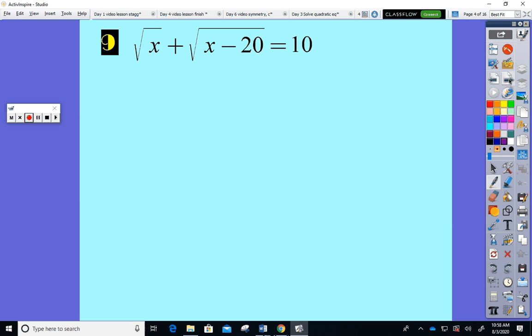So what do you do to both sides of an equation to undo a square root? Square it. But guys, you don't want to square both sides with 2 radicals sitting on the same side of the equal sign. I want to move one of these radicals over. Which one seems like the easier one to move? I would move that one.